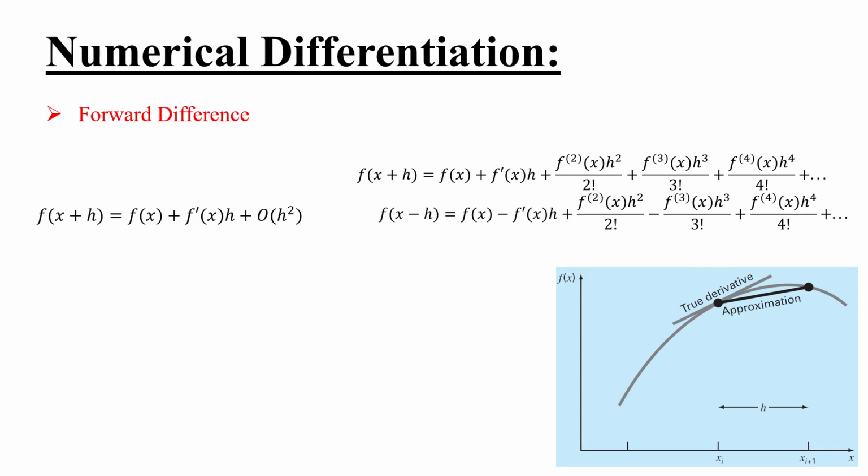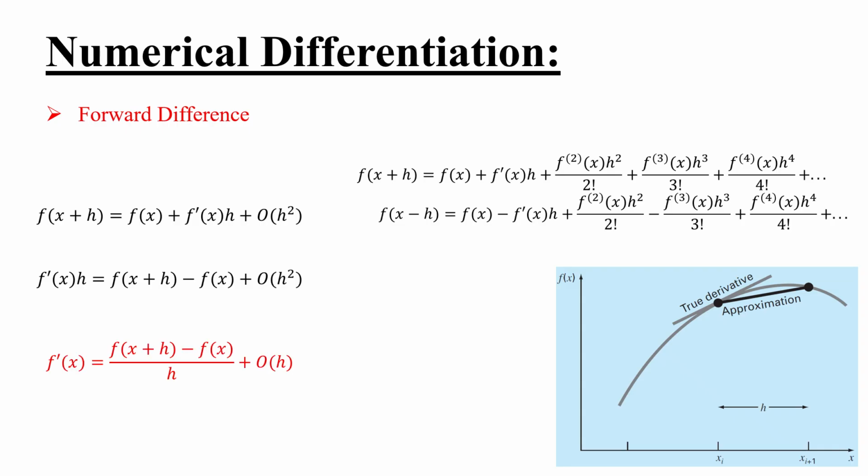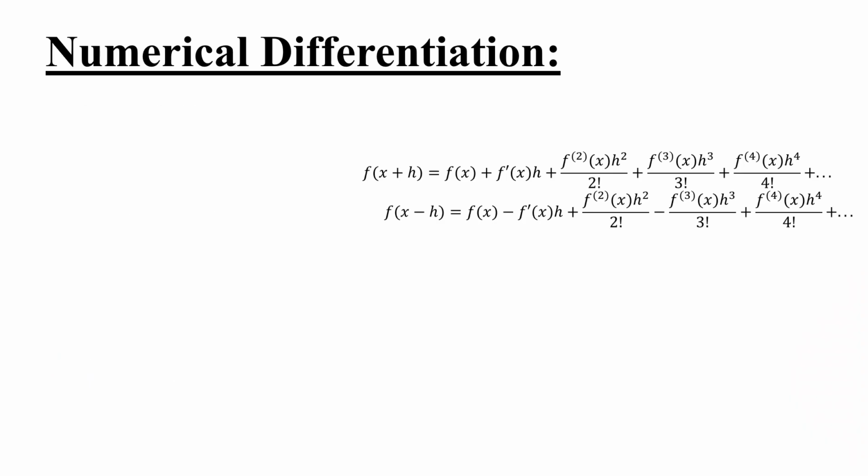When we solve this, we can come up with the formula for forward difference. Just take the derivative on one side and divide by h, and we come up with this formula. Because of the division by h, h squared becomes h. This means that the error term is based on h for the forward difference formulation.